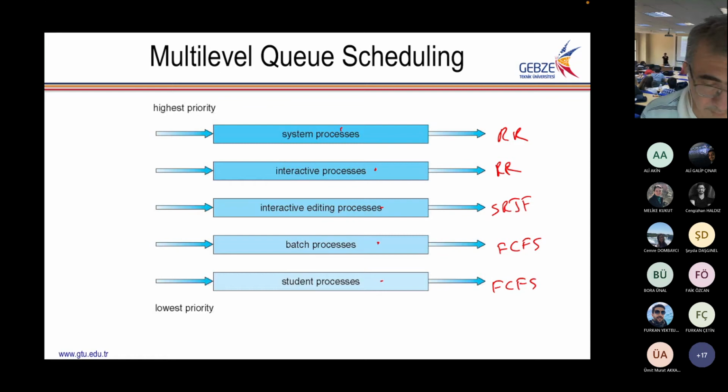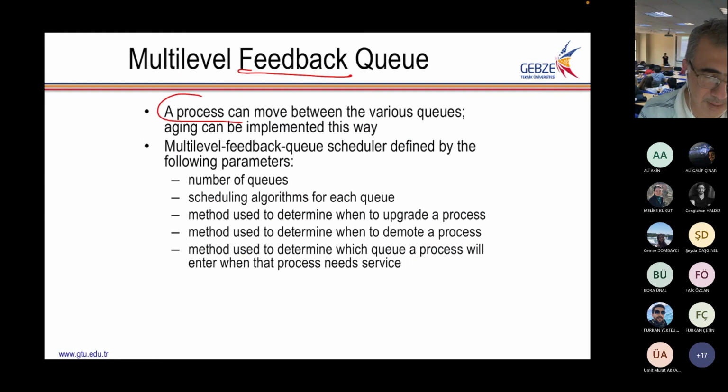The CPU does switching between these queues. The feedback queue means a process can move between the various queues.